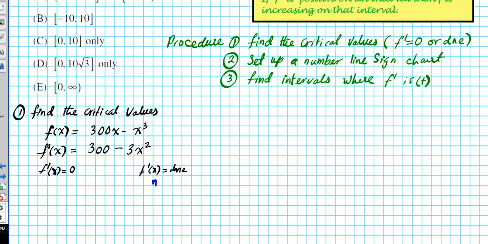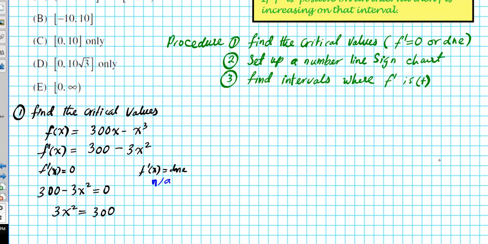This situation is not applicable. So we'll take the derivative and set it equal to 0. And let's solve this. We can subtract 3x squared from both sides and flip the equation. We'll have 3x squared equals 300.